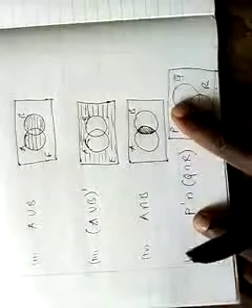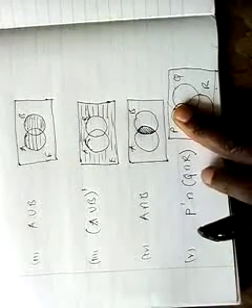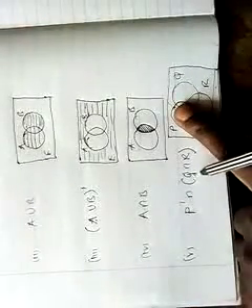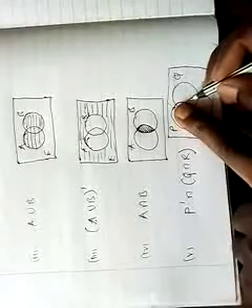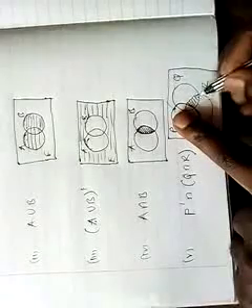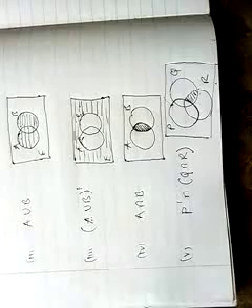So this will remain blank like this. Then we go inside there. It will remain blank like this. Then Q intersect R. Q intersect R, we shade this one, since this is not part of P. So this is the answer. So this is how you are supposed to do.